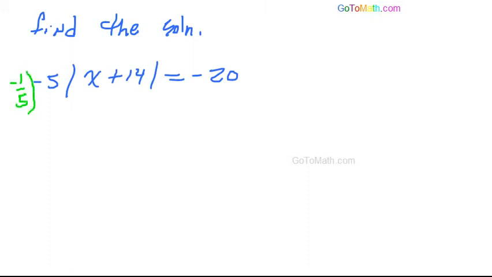So we'll multiply both sides by negative 1 over 5, and we'll put that in parentheses because of that negative symbol. So now we have negative 1/5 times a negative 5 here, and that'll give us a 1.